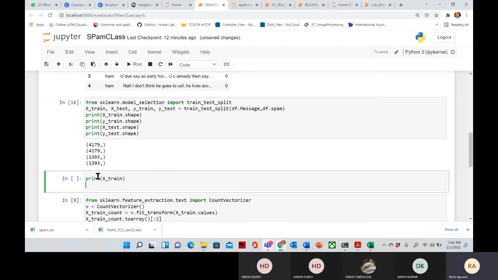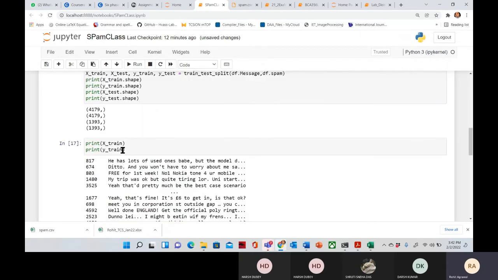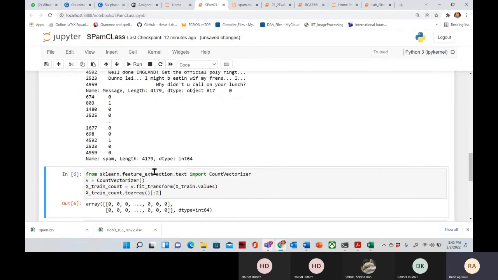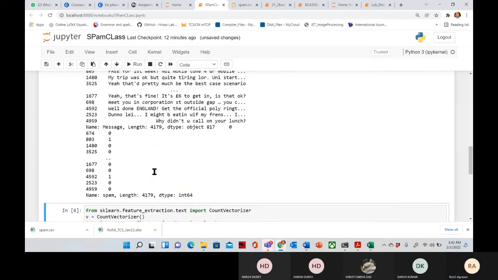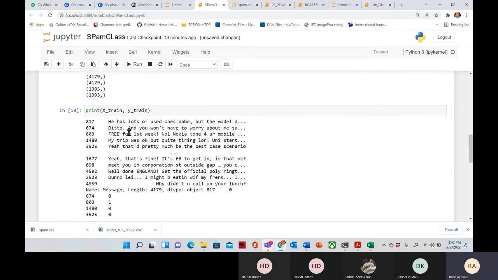You can see y is having only 0, 1, and x is having your messages. So you can see these are the 0, 1, 0, 1 y values, and these are the x values.